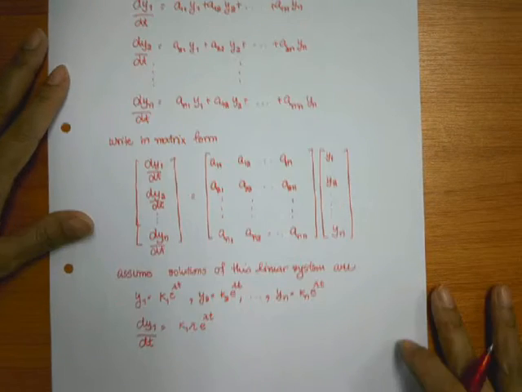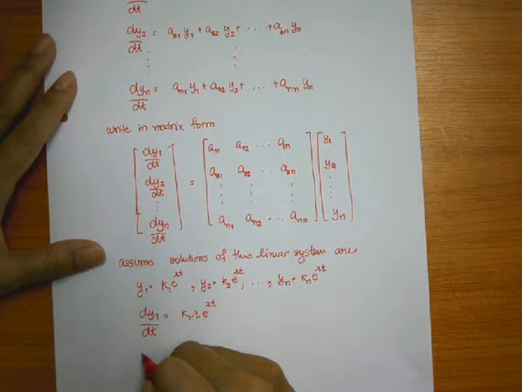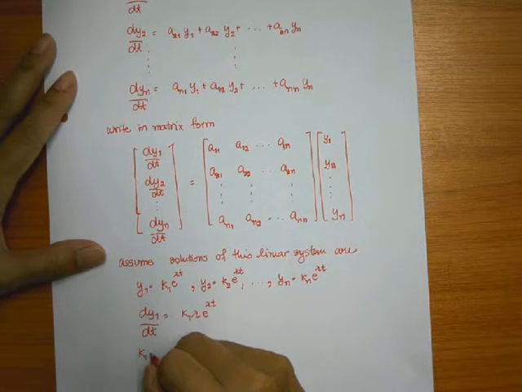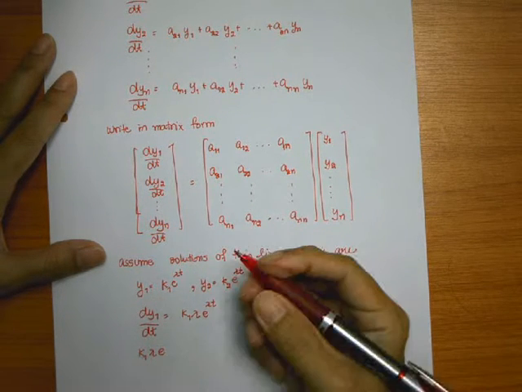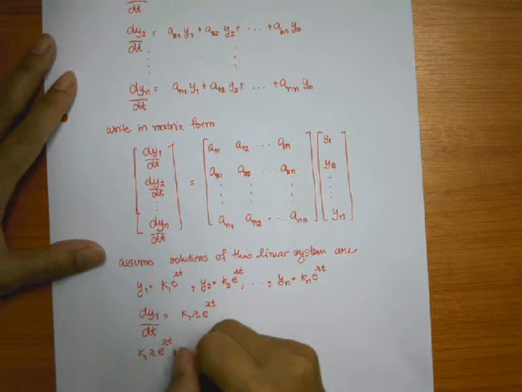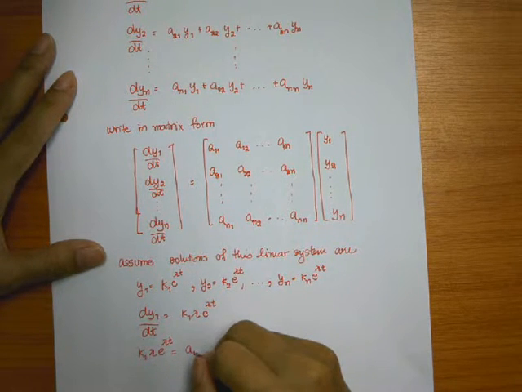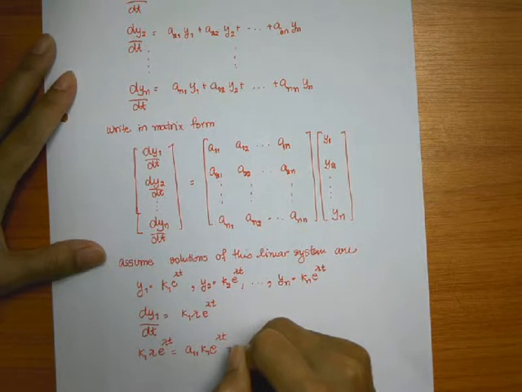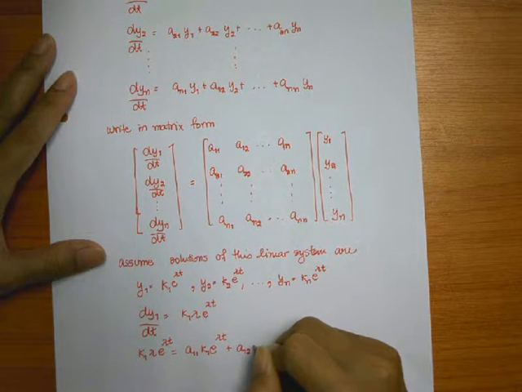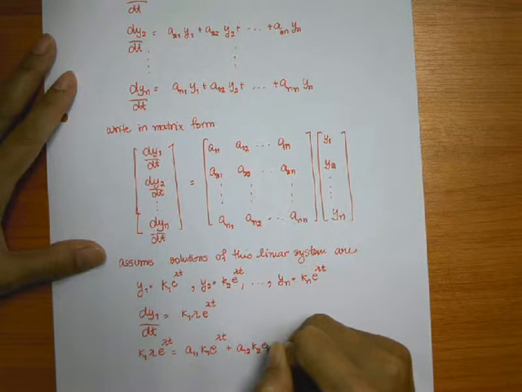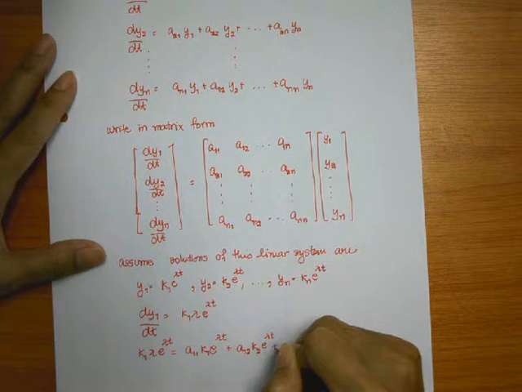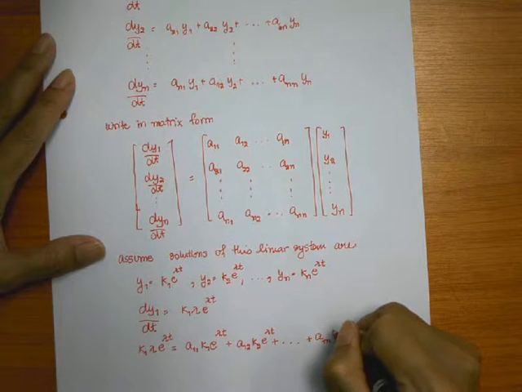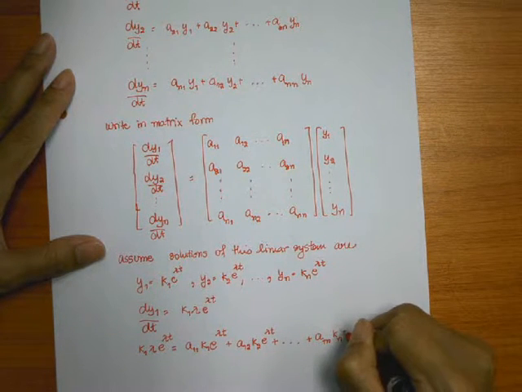So our first equation we can write down like this: k1 times lambda times exponential of lambda t equal to a11 k1 times exponential of lambda t plus a12 k2 times exponential of lambda t, and then the nth term is a1n times kn times exponential of lambda t.